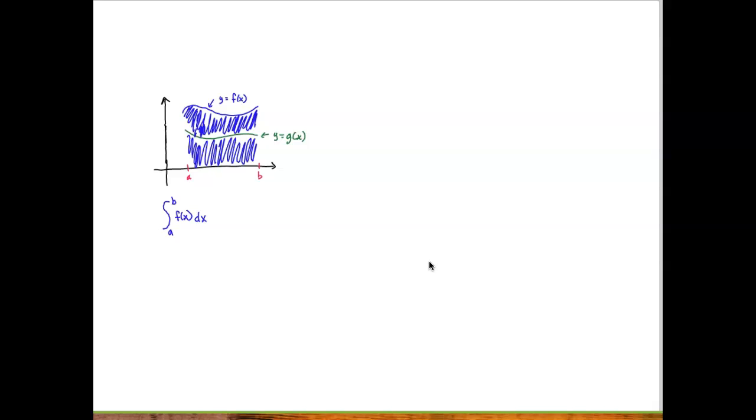If I took the integral from A to B of g of x dx, that would be this area, the area below g down to the x-axis, yes? If I just want to be left with the area between f and g, subtract them. And that would leave me with this, yeah?